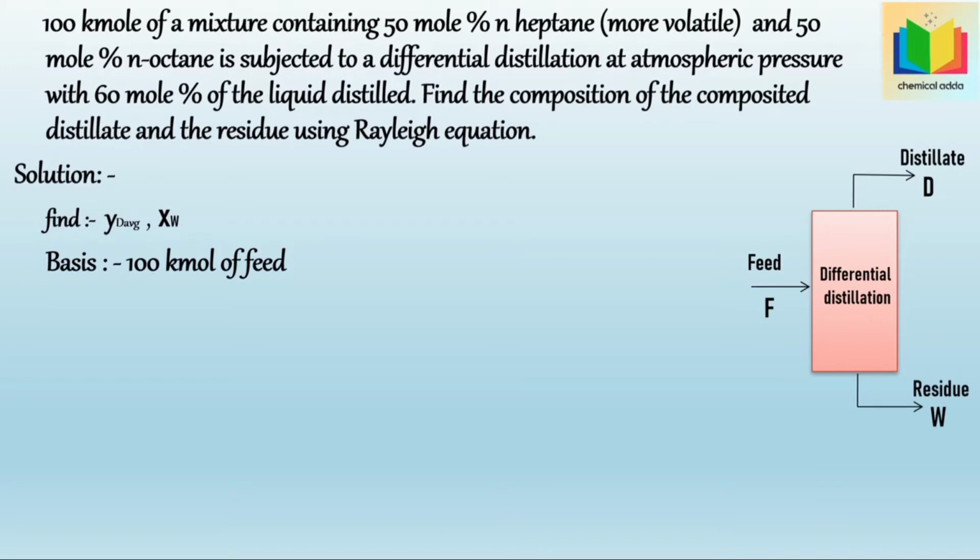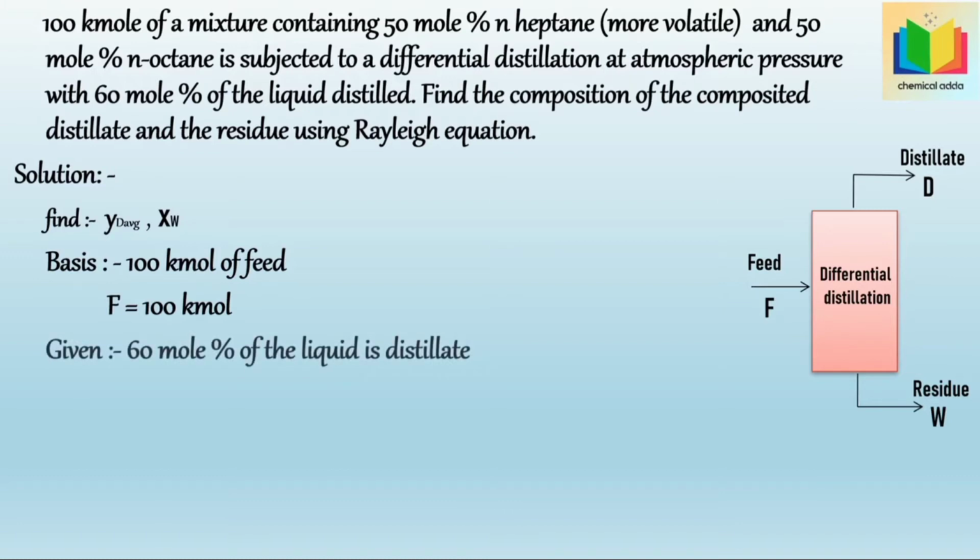Hence, F is equal to 100 kilomole. Now, as we have given 60 mole% of the liquid distilled, we get D is equal to 0.6 into 100, which is equal to 60 kilomole.